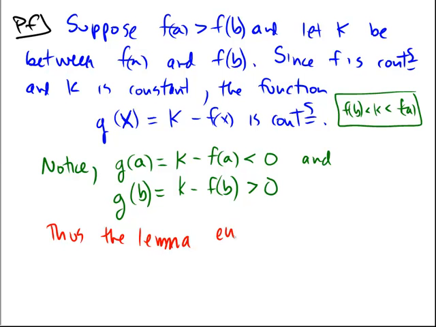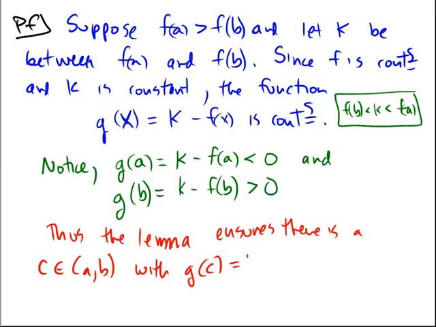The lemma ensures there is a c in the interval from a to b with g of c, which is k minus f of c, equal to 0, and so k would be equal to f of c. Because if k minus f of c equals 0, then k would be f of c. So that's half of the proof.